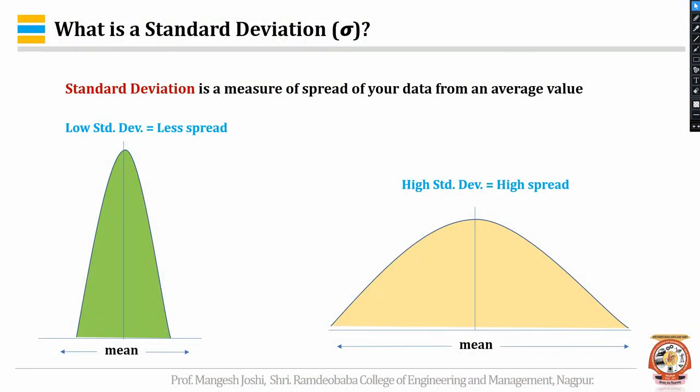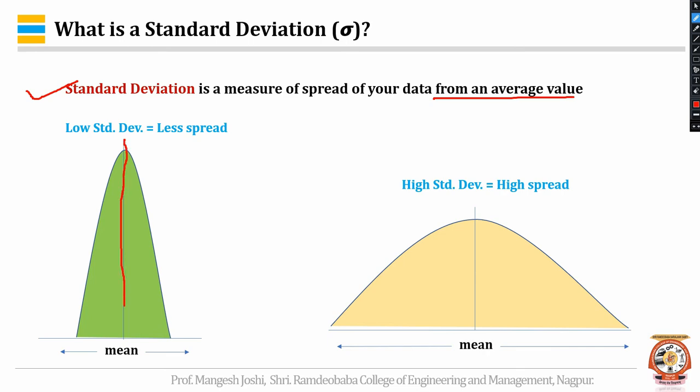First of all, we have to understand what standard deviation is. It is denoted by the sigma sign. Standard deviation is the measure of spread of your data from an average value. Suppose you have this as the average value.